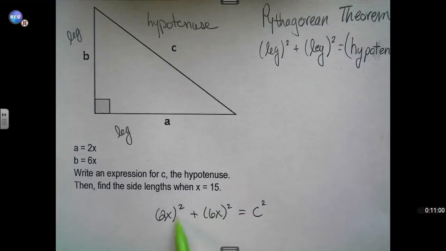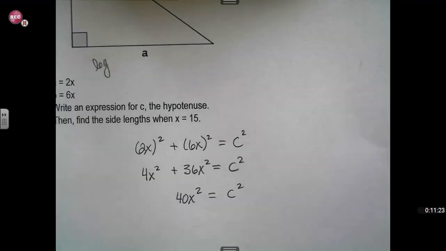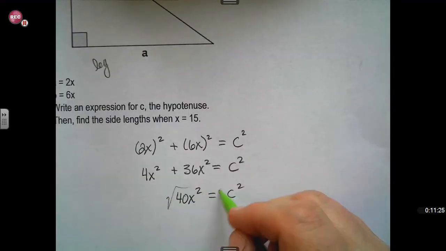The 2 and the x here are getting squared, so that's 4x squared plus 36x squared. And let's see, 4x squared plus 36x squared is 40x squared. And then at this point, I would take the square root of both sides.